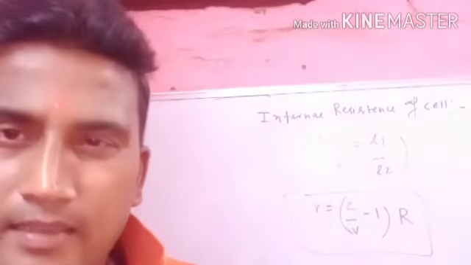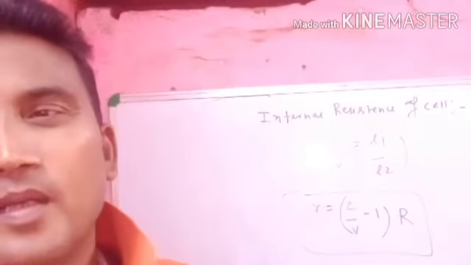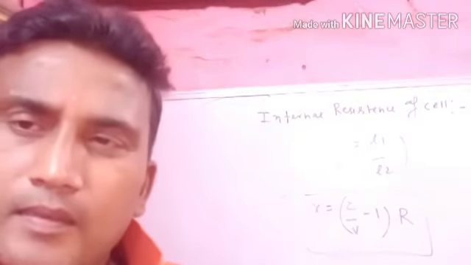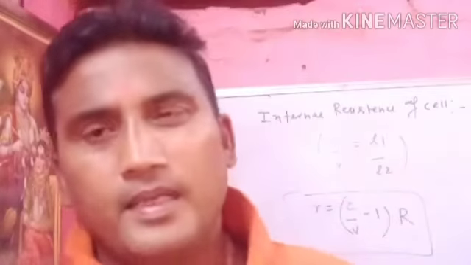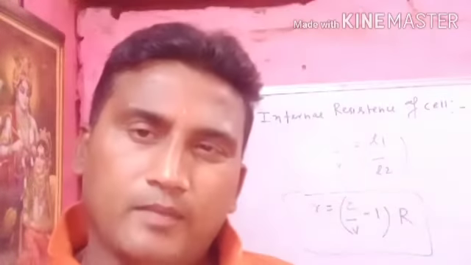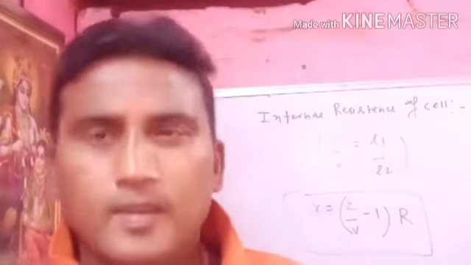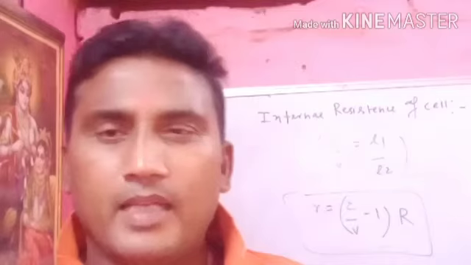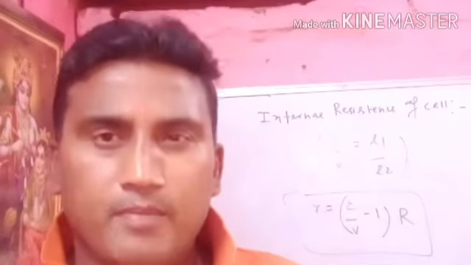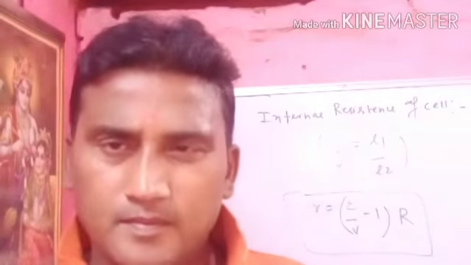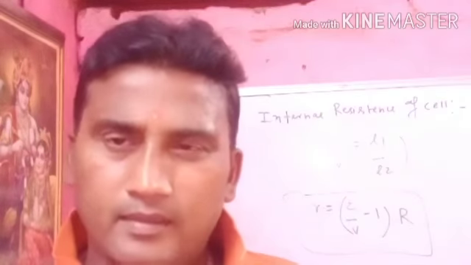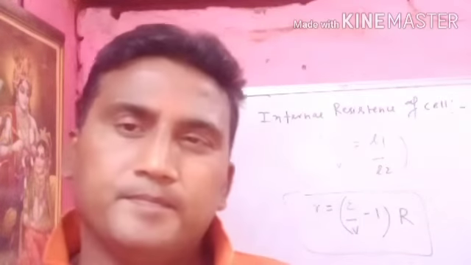Capital R is the external resistance of the given constantan or manganin wire circuit, and small r is the internal resistance of the cell. The relation is r is equal to, in brackets, E by V minus 1, then afterward capital R.